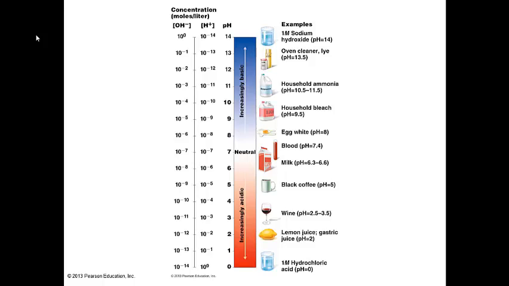So that concentration of hydrogen ions in solution is going to have an effect on chemistry on the whole. We have to maintain a very strict pH in our bodies. Does anybody know what normal body pH is? It's very, very tight.